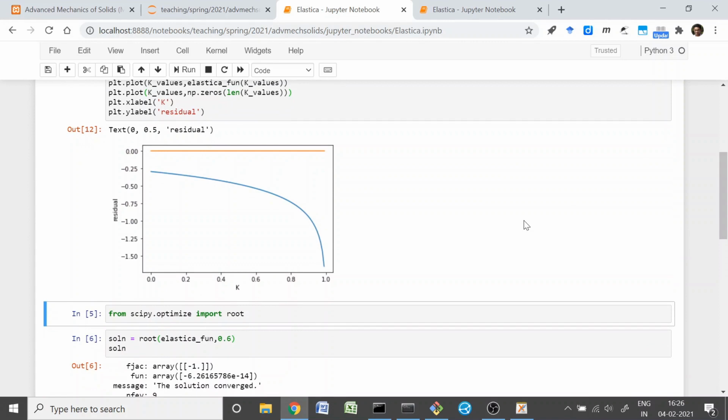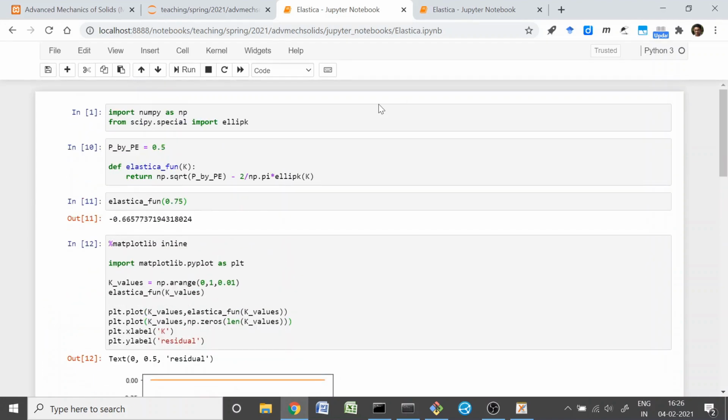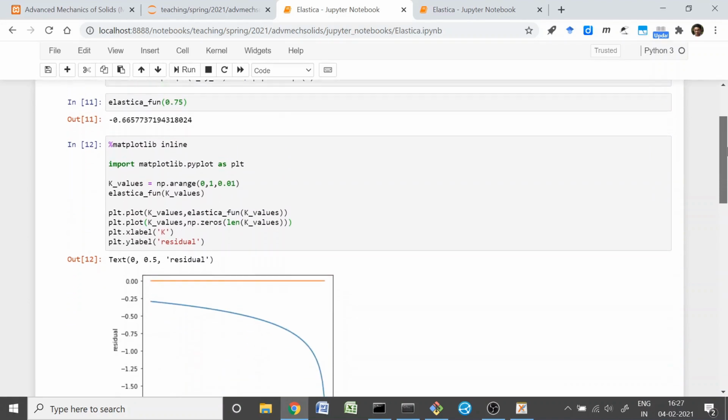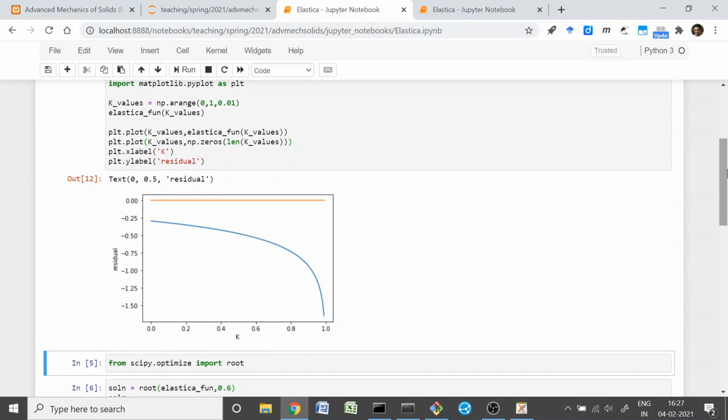You see, when we plot this out in the admissible range of k from 0 to 1, it is not cutting this horizontal axis passing through 0, which means that for the value of P by P Euler equal to 0.5, that is what we have chosen here, a relatively small value compared to the values that we were choosing earlier, we do not end up with any solution for k. This is basically what it is telling us.